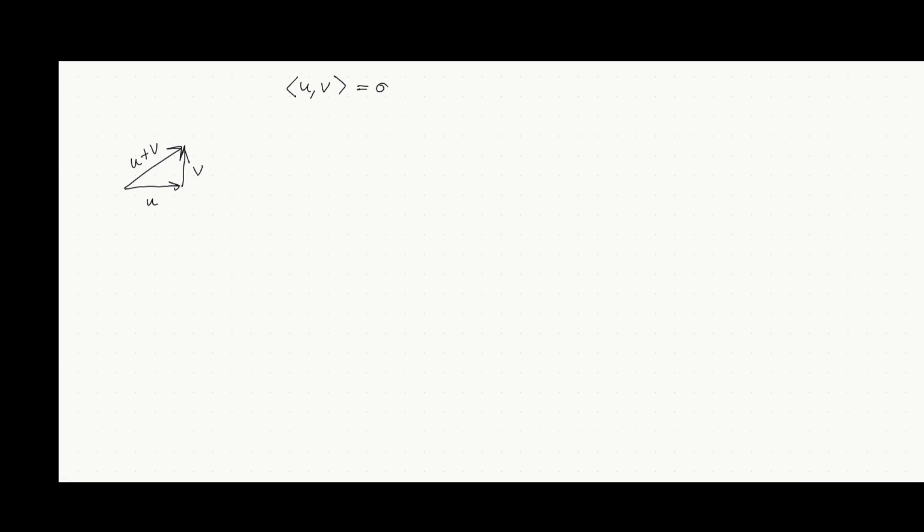But if we do have orthogonality, then the length of the vector sum we know can be given by the inner product of it with itself, which we can then distribute.